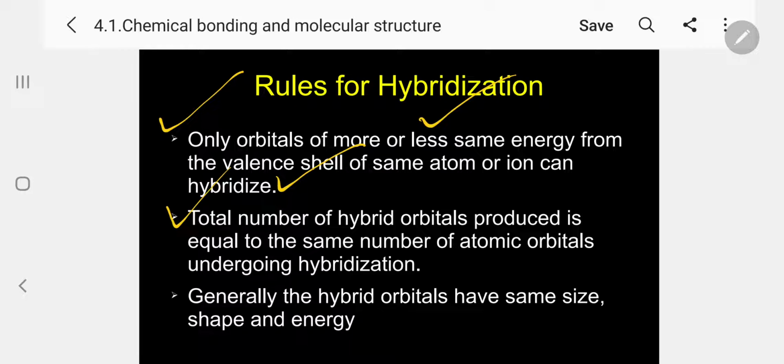Number 2: the total number of hybrid orbitals produced is equal to the number of atomic orbitals. If the number of atomic orbitals is 4, hybrid orbitals are 4; if 3, then 3; if 2, then 2. Hybrid orbitals have the same size, same shape and same energy, whereas the atomic orbitals undergoing hybridization have different size, different shape and different energy.